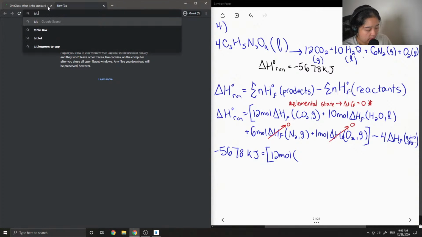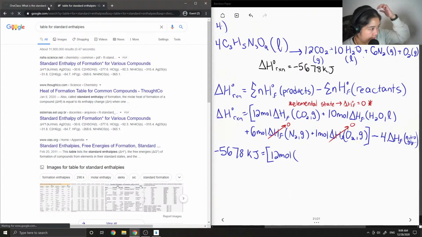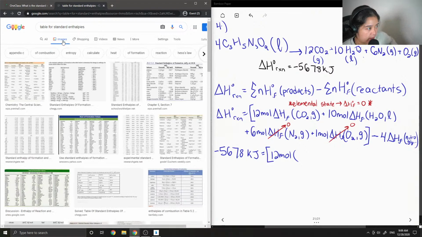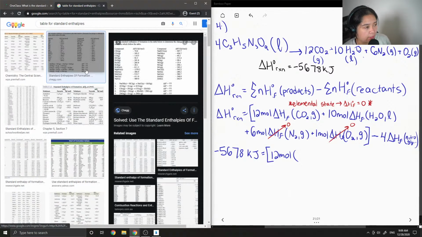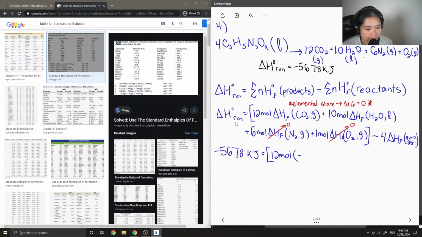So I'm just going to look up the table for standard enthalpies, and this is usually given in the textbook or in the question. So let's find CO2 gas. Its delta H value is equal to negative 393.5, and it is in kilojoules per mole.